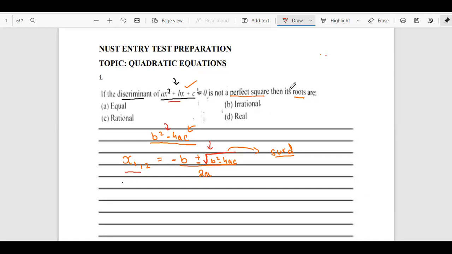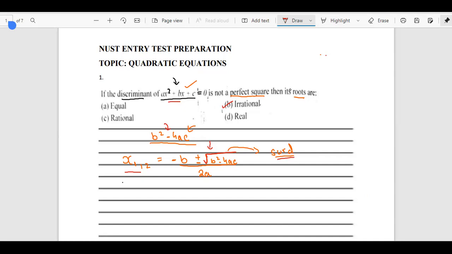This implies that our answer would be B, because we have a surd in it, and by the definition of irrational numbers, irrational numbers include all these surds as well. So certainly B is going to be the answer.